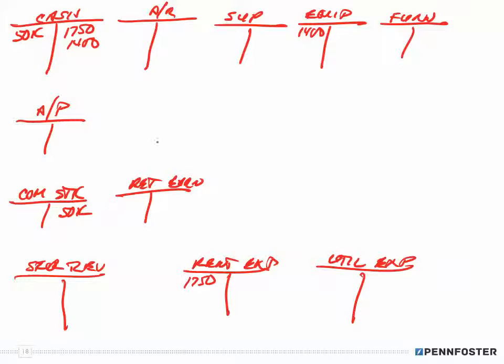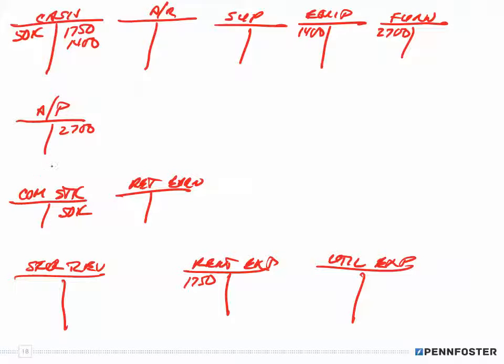Next entry, debit to furniture for $2,700 and a credit to accounts payable for $2,700.